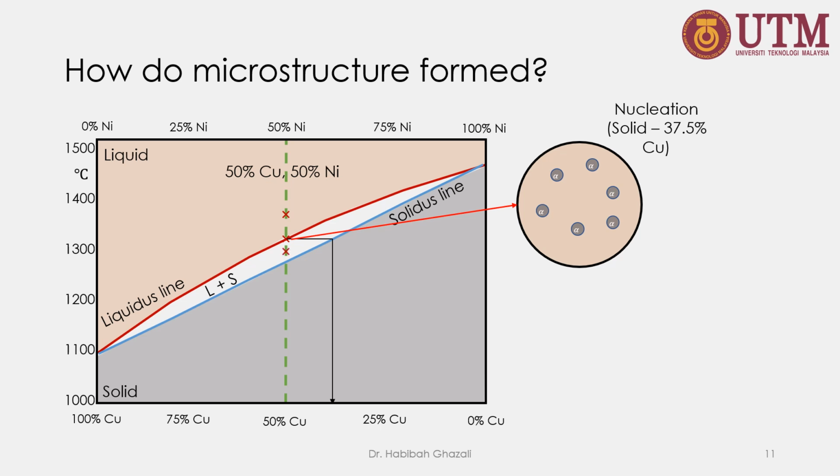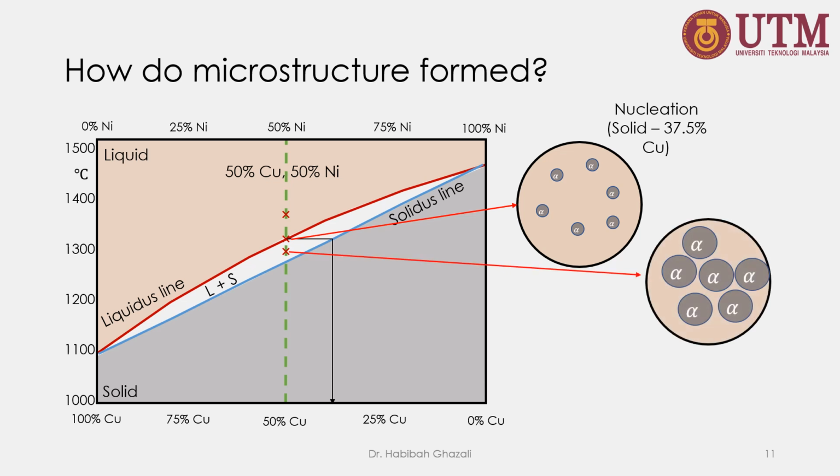At 1300 degrees Celsius, using the tie line, we can determine that the solid at that stage has a composition of 43.75% copper.